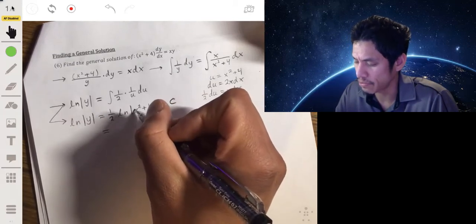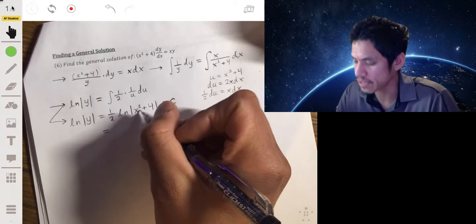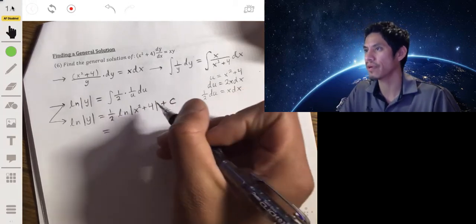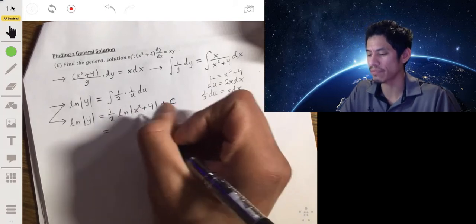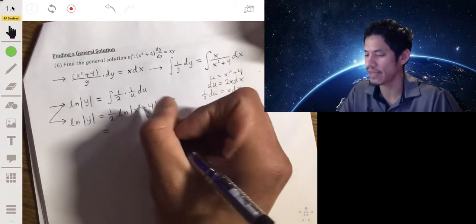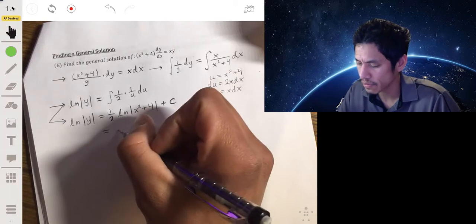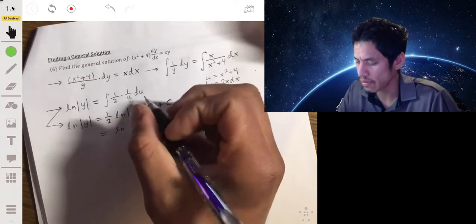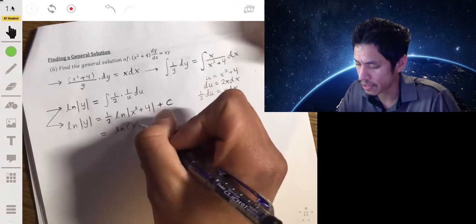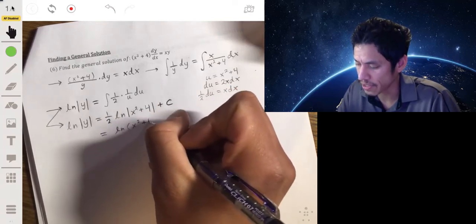We know that x squared is a positive number because any number squared will be positive. So a positive number plus a positive number will be a positive number, so we don't need the absolute value symbols anymore. We can just write the natural log of x squared plus 4 there.